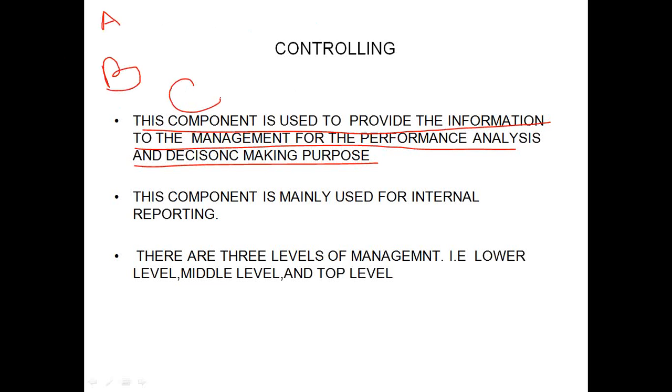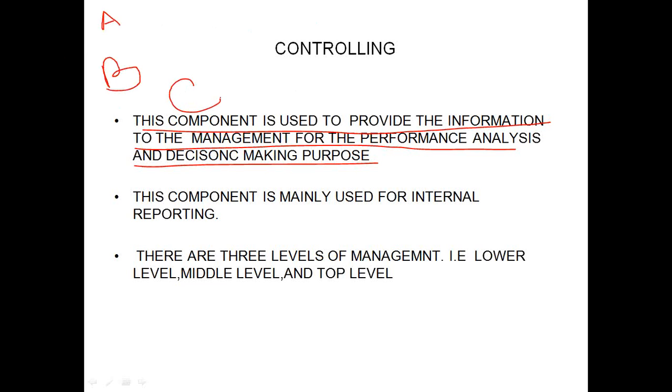That's why this controlling component is also called an internal reporting tool, and FI is called an external reporting tool, because using the FI component, you prepare the financial statements, and these financial statements are to be submitted to many external legal authorities like banks, if you have taken any term loans or overdrafts, and tax authorities like sales tax authorities, excise duty authorities, and income tax authorities.